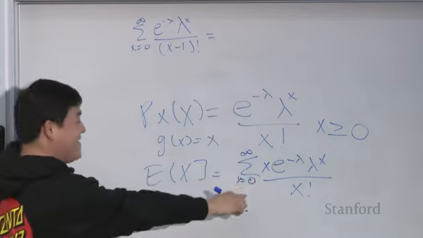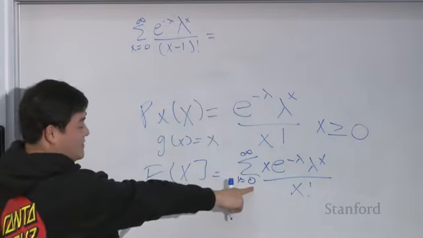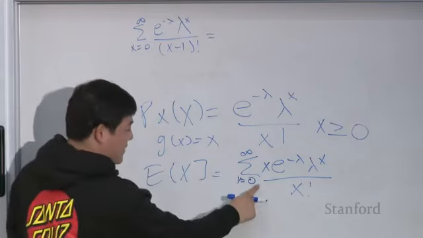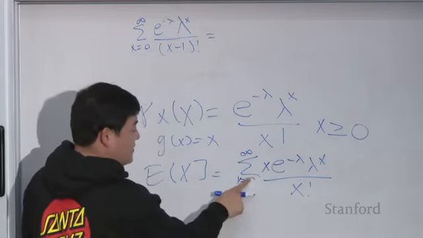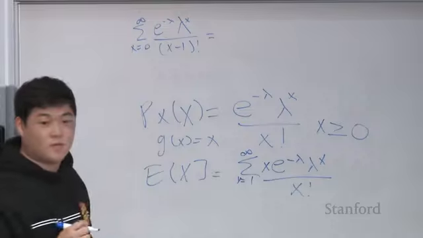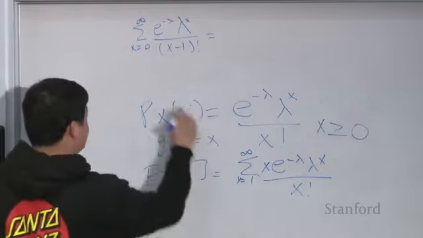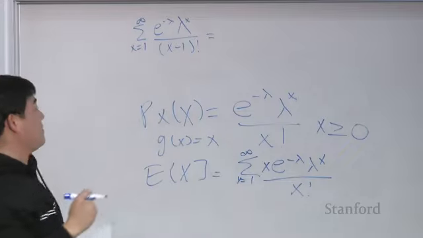Before I do this, we notice that at x equal to 0, the 0 just cancels out all the terms. So this is actually equivalent to starting to index from 1, because 0 times whatever is just going to cancel out all the other terms. So I'm going to start indexing by 1 from here.